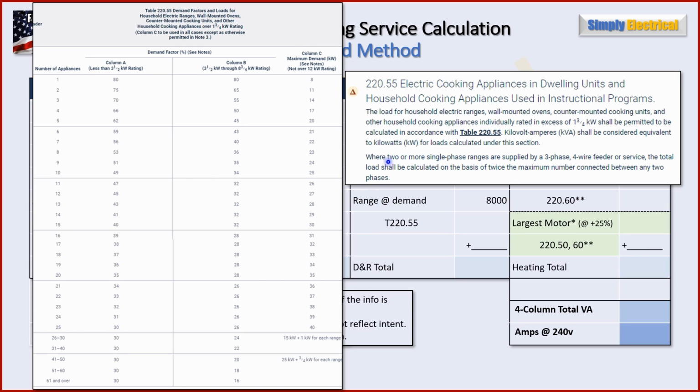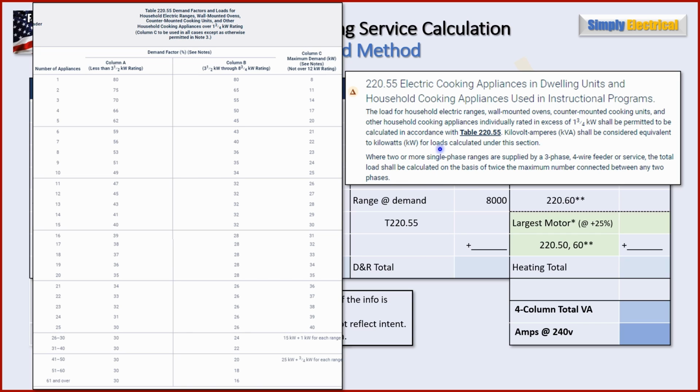Also, there is this sentence that tells us where 2 or more single-phase ranges are supplied by a 3-phase, 4-wire feeder or service, the total load shall be calculated on the basis of twice the maximum number connected between any 2 phases. Again, this is generally only for multifamily, so it does not apply to us in this calculation.